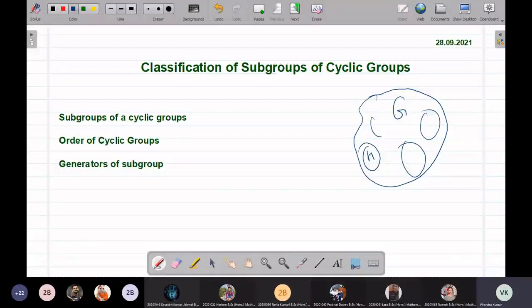Not all subsets are subgroups of G. If H1, H2, H3, for example, are additionally groups under the operation of G, then we say they are subgroups of G. But how we can count the number of subgroups of a group is not known.